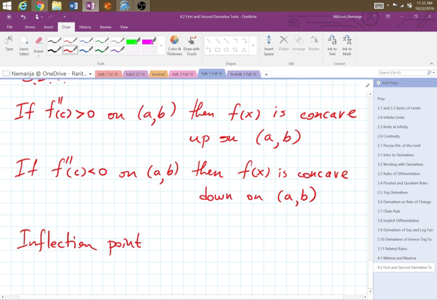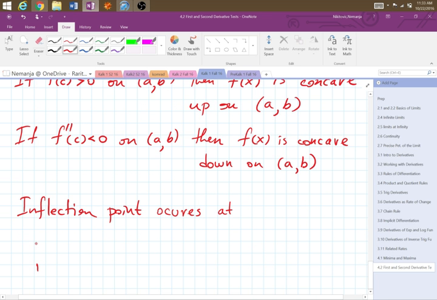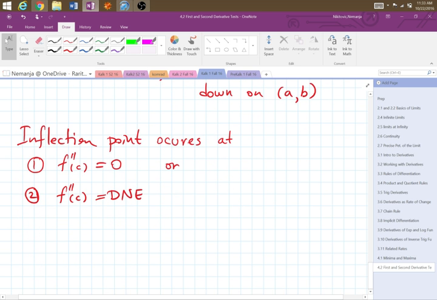An inflection point occurs at number 1, second derivative of C is equal to 0, or number 2, second derivative at C does not exist. So same thing like for the critical point. You see that? Except you're using the second derivative. That's the inflection point.